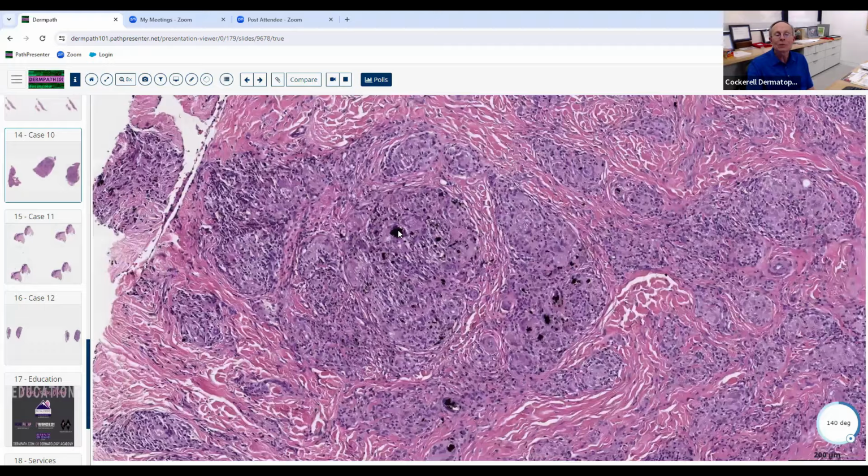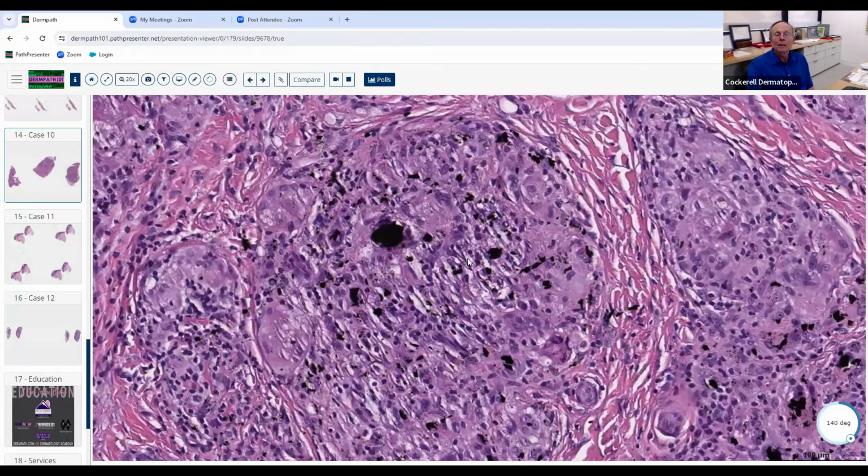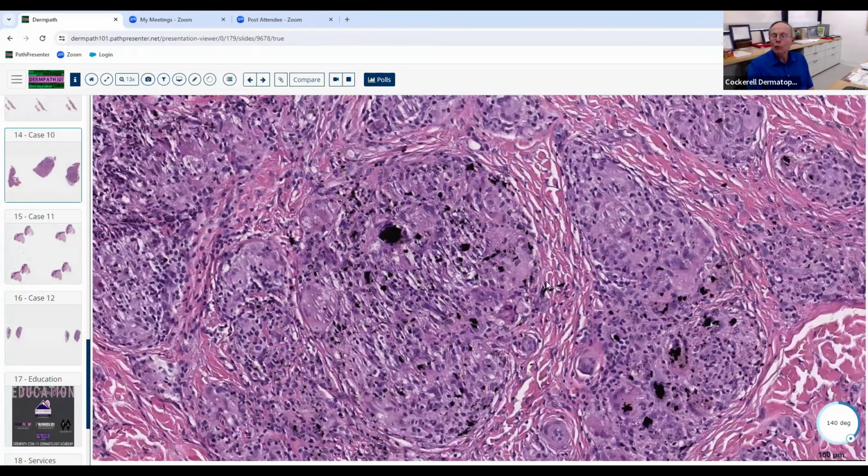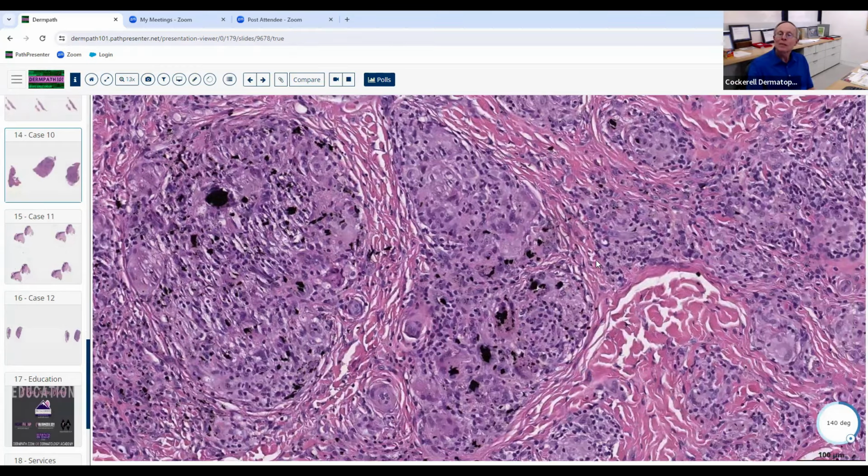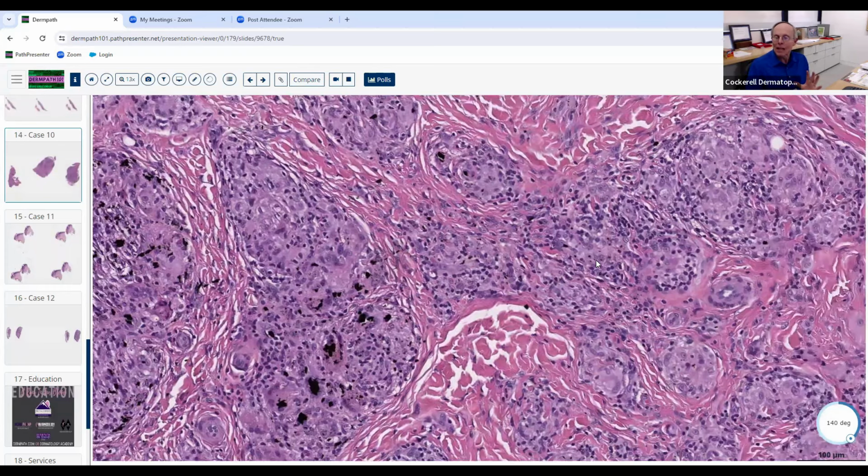But here you can see that there's this foreign material, and this brownish, blackish material is very characteristic of the type of tattoos we see in patients that get these cosmetic microblading tattoos, when they get the tattoo of their eyebrows or maybe their lips or the eyelashes.